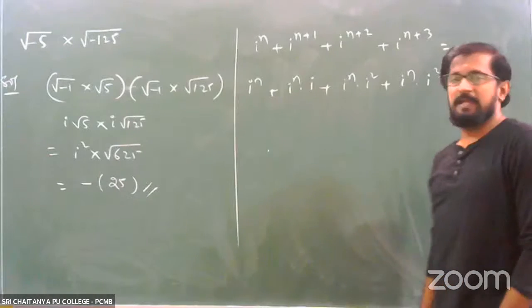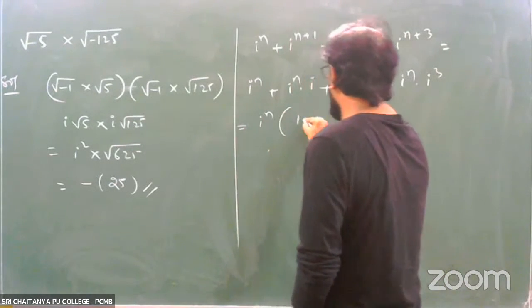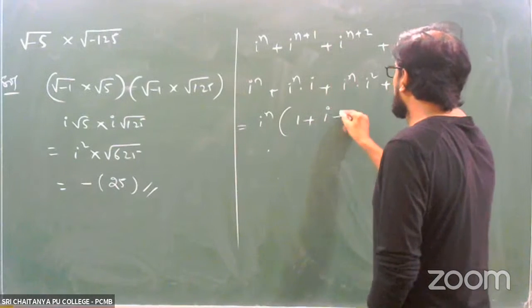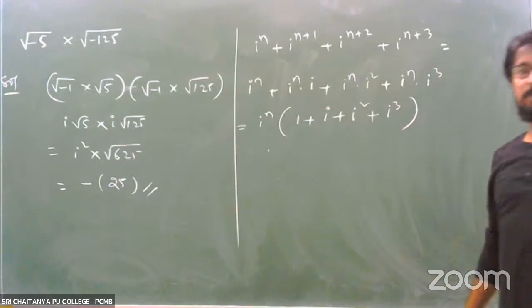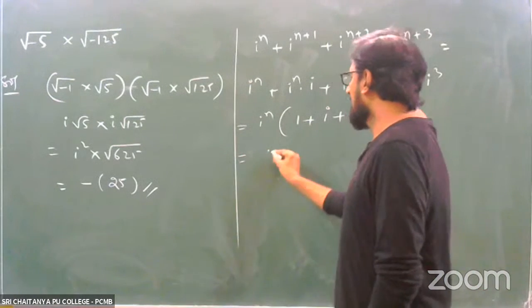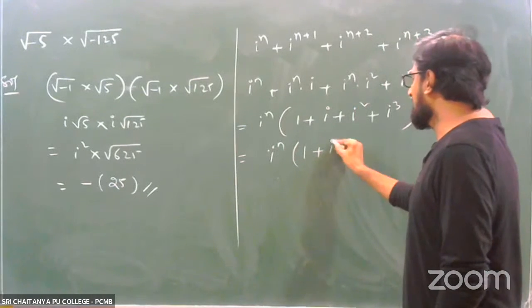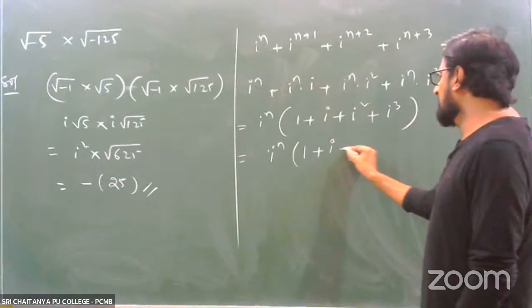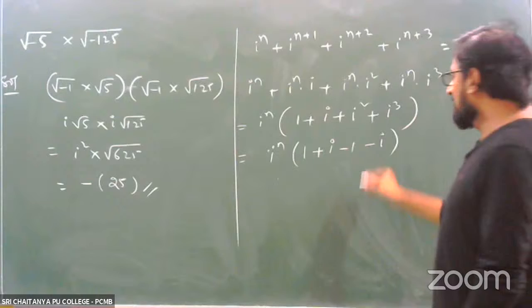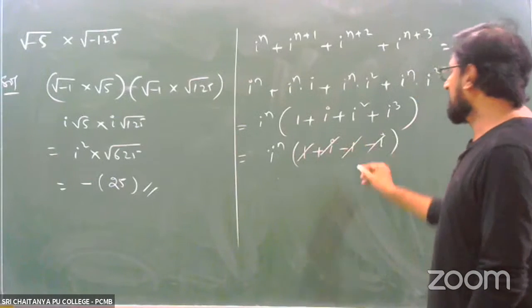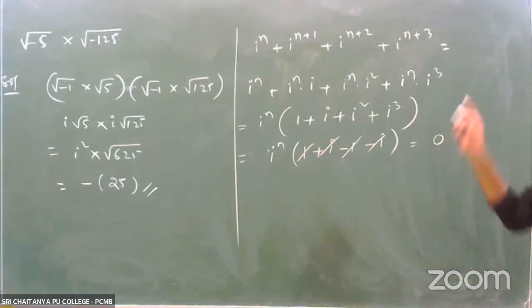Now take i power n common: i power n as it is, times 1 plus i plus i square plus i cube. 1 plus i, i square value is minus 1, and i cube value is minus i. Now minus 1 plus 1 get cancelled, and you get 0 into i power n, which is equal to 0. Copy this one.